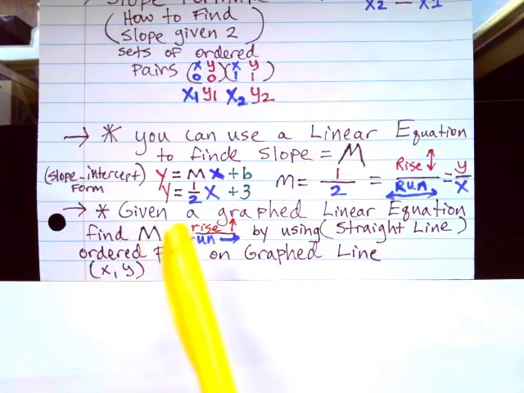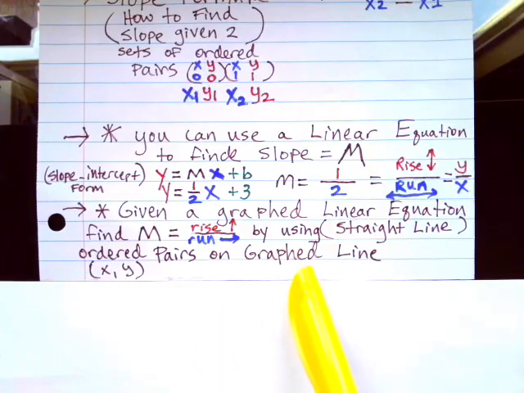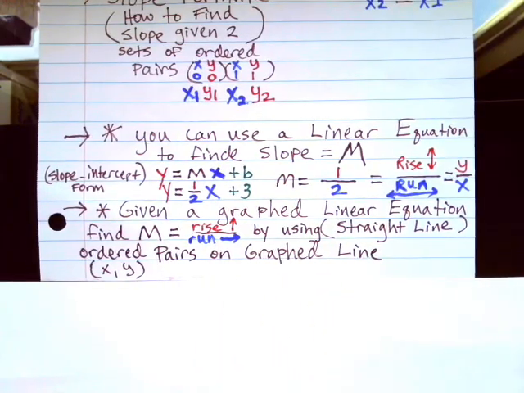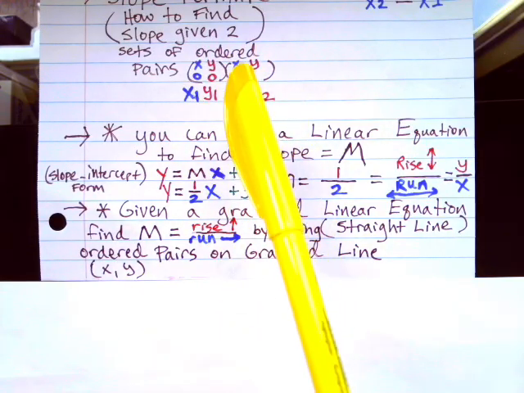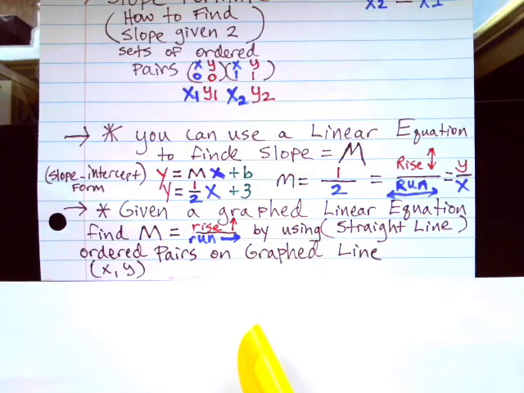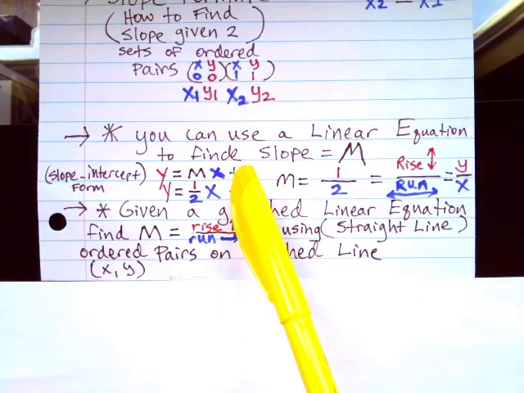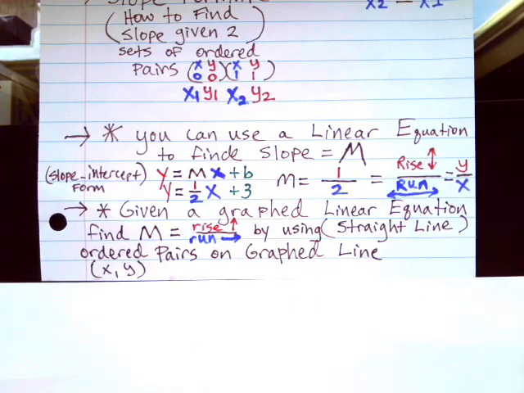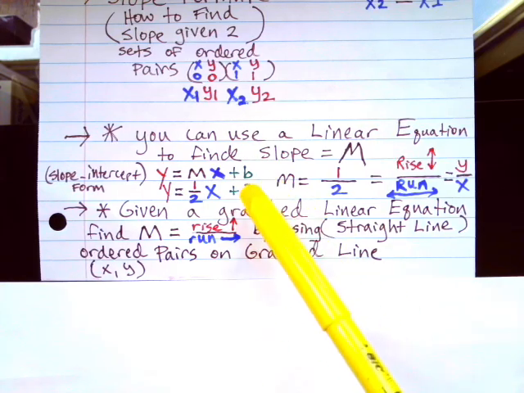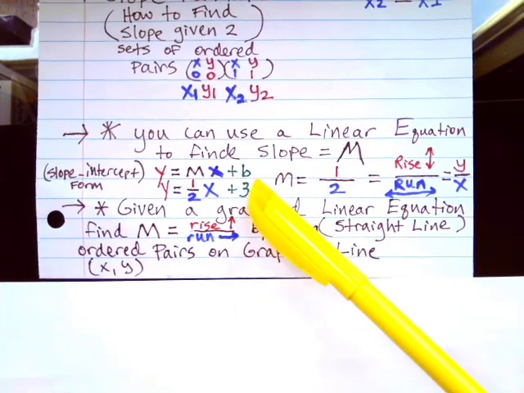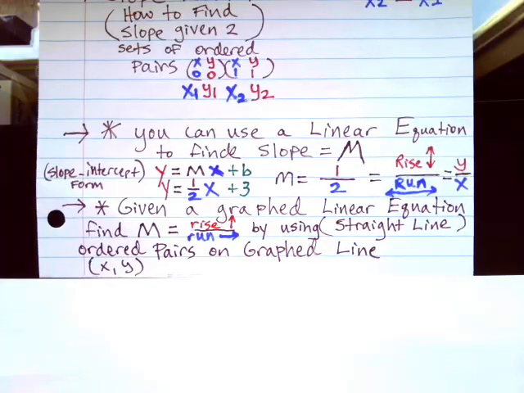Find m, your rise over run slope, by using ordered pairs on a graphed line, as you can see up here. Your y-intercept is going to be where that graph line crosses the y-axis at 0 for x, and in this case, positive 3 for y.